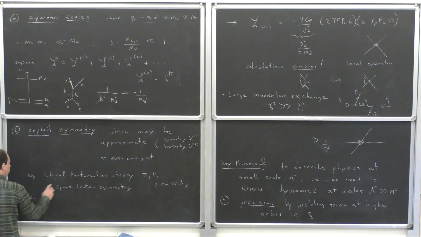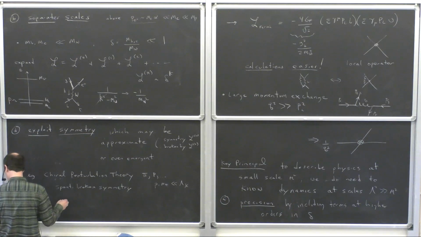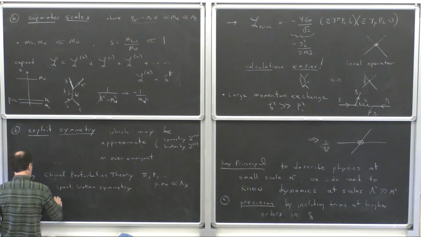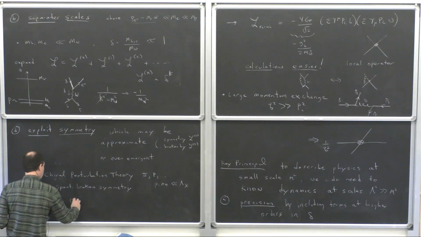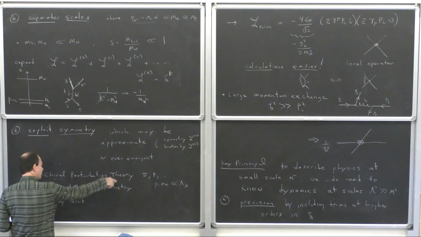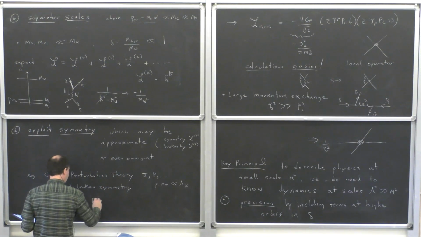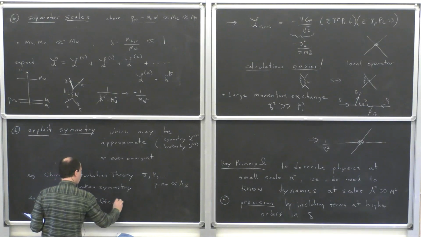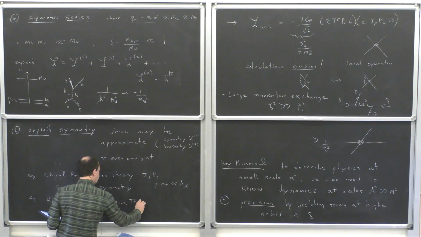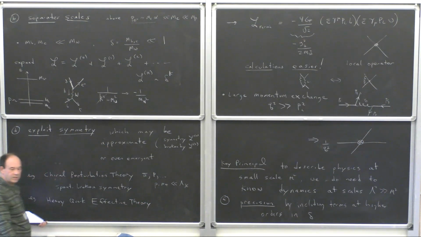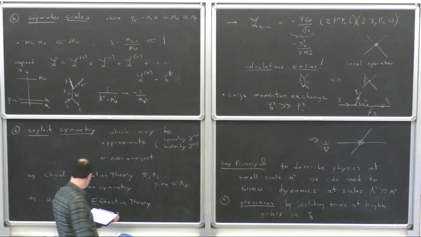Another example, and this is an example of this second category of emergent symmetries, is what's called heavy quark effective theory. So if you like, this is a theory of light quarks. Now what about heavy quarks? Well, the ones that are applicable here are the bottom and the charm.